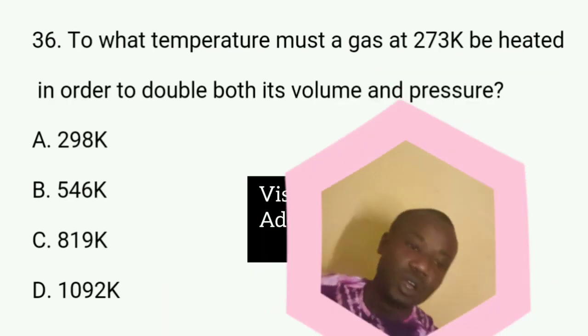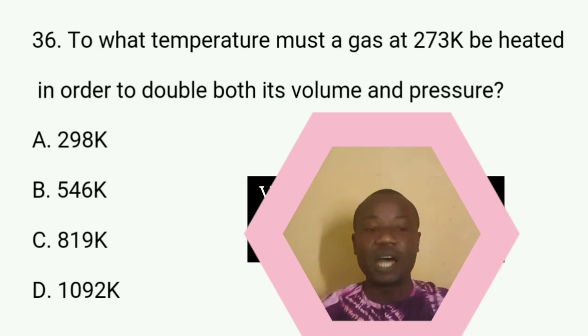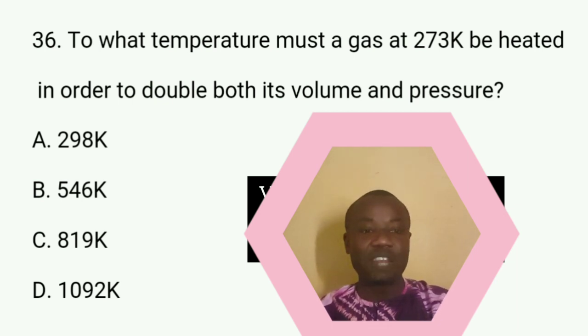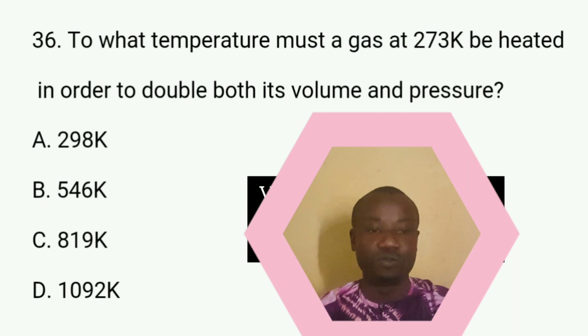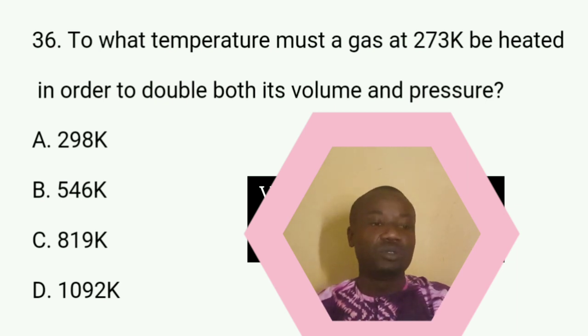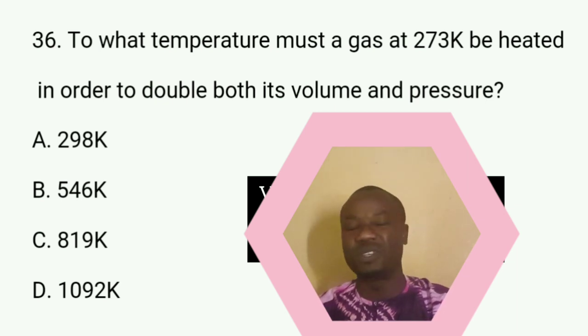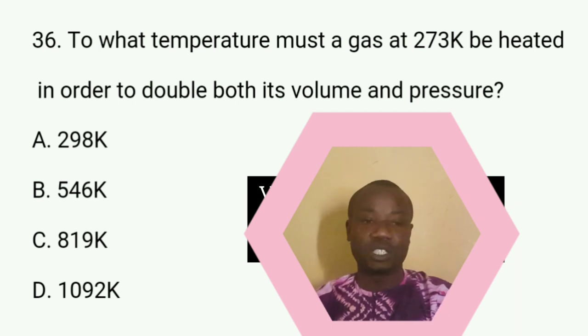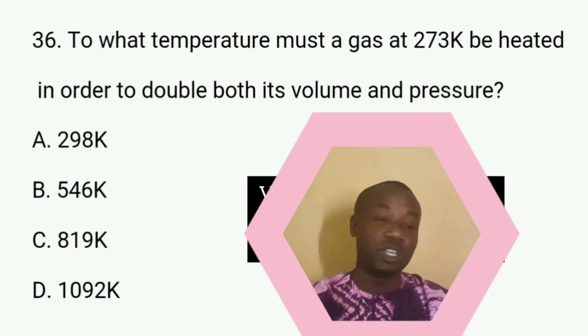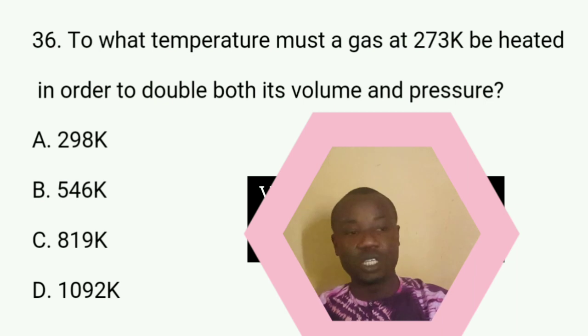Question 36. To what temperature must a gas at 273 Kelvin be heated in order to double its volume and pressure? A, 298 Kelvin, B, 546 Kelvin, C, 819 Kelvin, and D, 1092 Kelvin. Looking at the question, your T1 is given to you, your T2 is not given, so you're looking for T2.